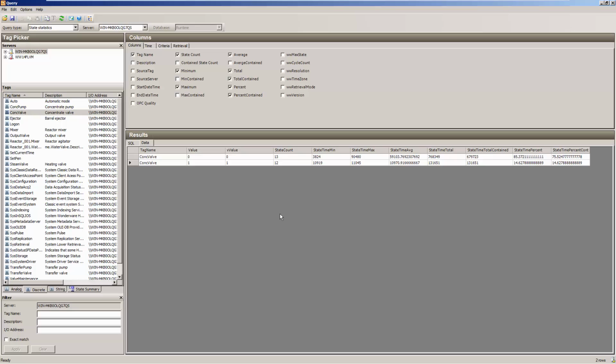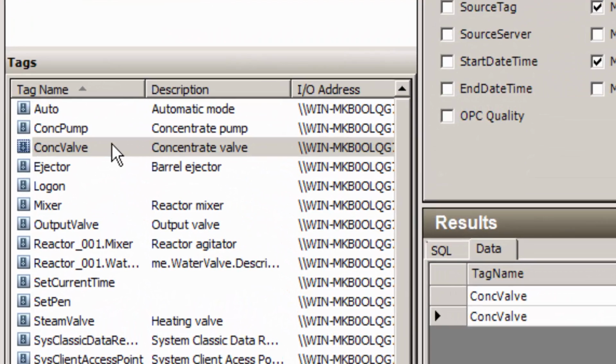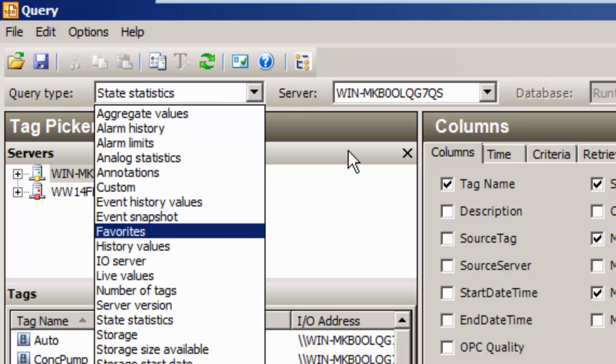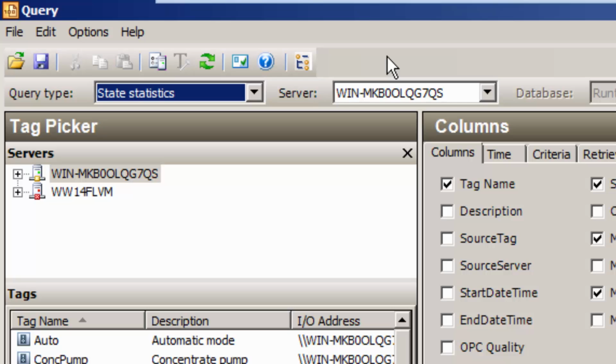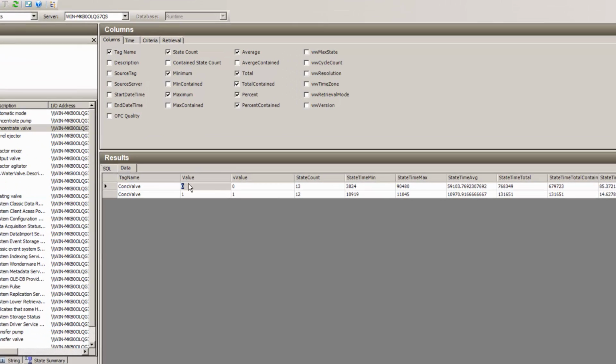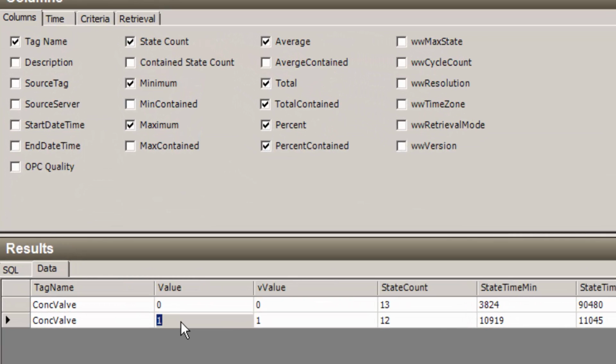In the Query utility, I would first choose my tag with the same interface that I have for my trend, and then choose my state statistics query type rather than the traditional history values. I'm focusing on statistical information for this tag and its states, 0 signifying off, 1 signifying on.